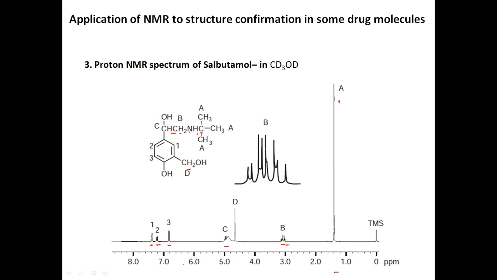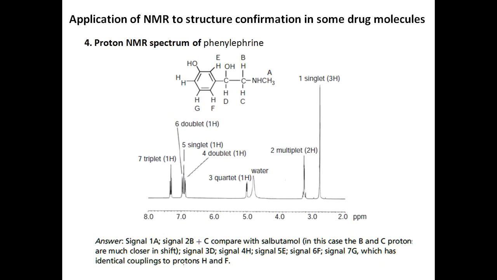This is the spectrum for phenylephrine. So you can see the singlet for the A proton, that is the methyl protons, 3 protons, seen at the 2.8 region. Then a multiplet for 2 hydrogens, that is for this particular proton, that is B. These 2 protons interact with this NH as well as this H, and show a multiplet around 3.4 here.